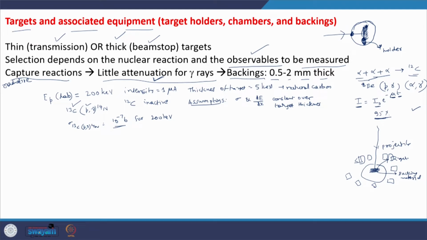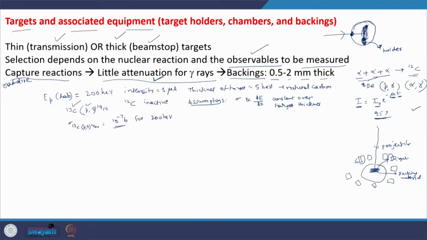That means 100 nanobarn. The cross section values of nuclear reactions relevant for nuclear astrophysics are low. As I have said repeatedly in several lectures, it is one of the challenging aspects. A low cross section leads to a lot of complications in the planning of experiments relevant for nuclear astrophysics.